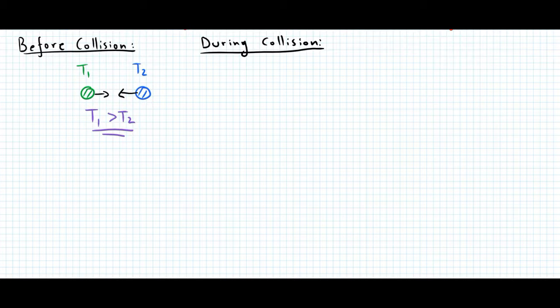Well, for one thing, the green object will be in contact with the blue object. And during the time in which these two objects are in contact with each other, there will be a heat transfer between them. So let's zoom in on the point of contact between the green ball and the blue ball.